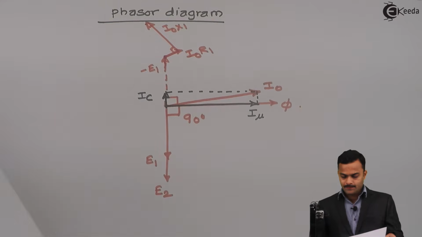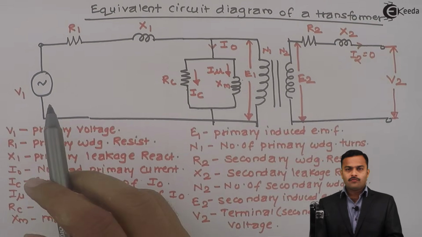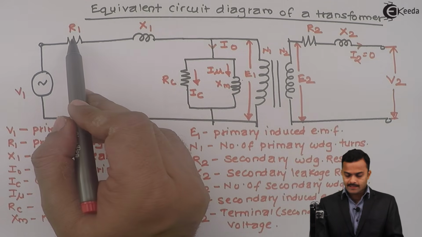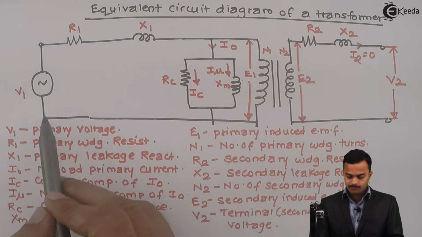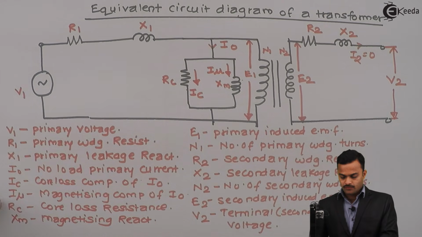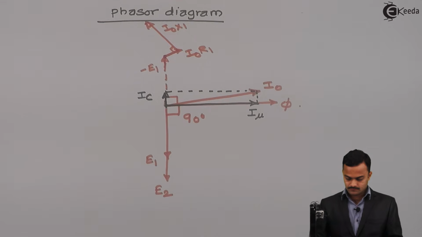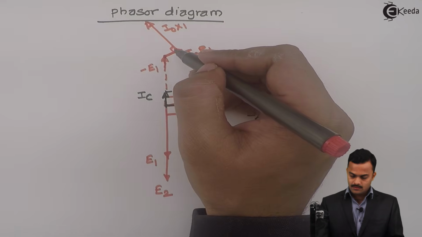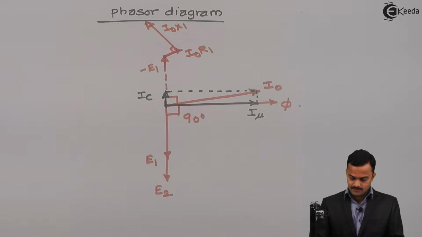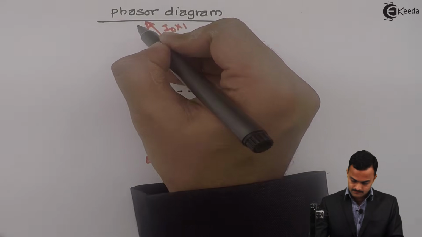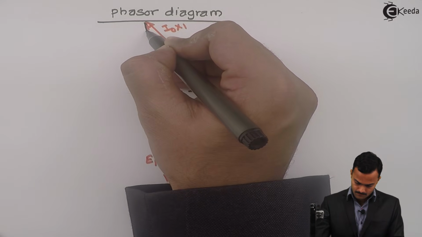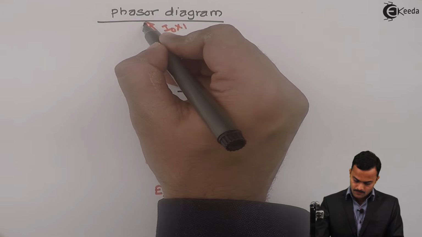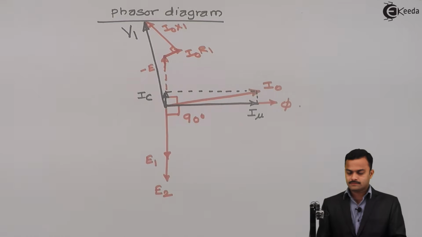Now if you see this circuit properly, the phasor addition of minus E1, I0 R1 and I0 X1 will be nothing but the primary voltage V1.